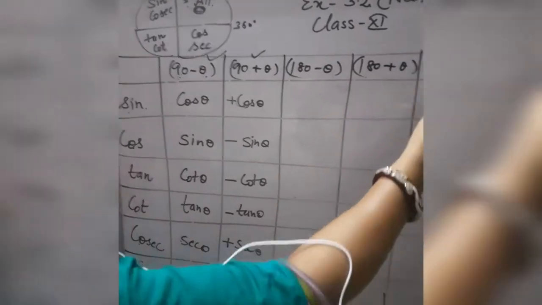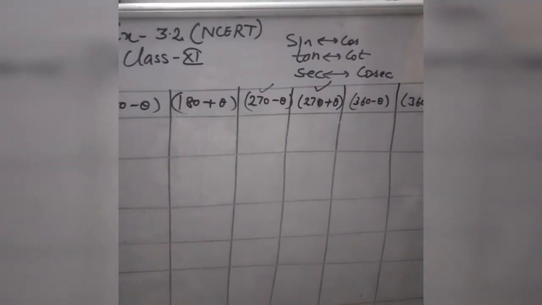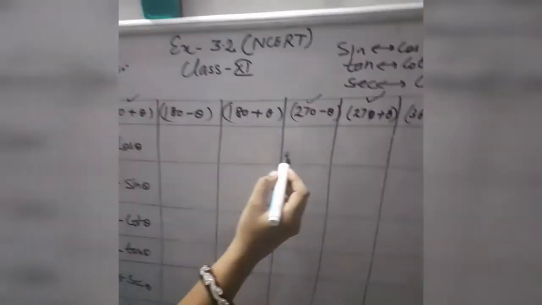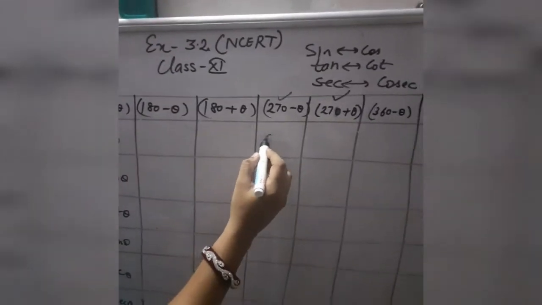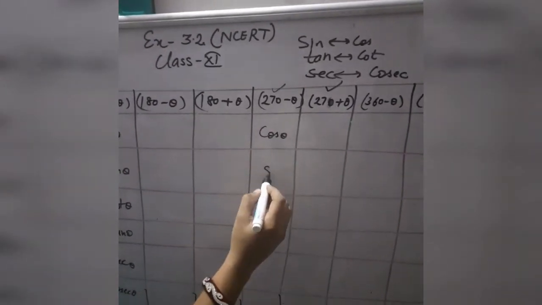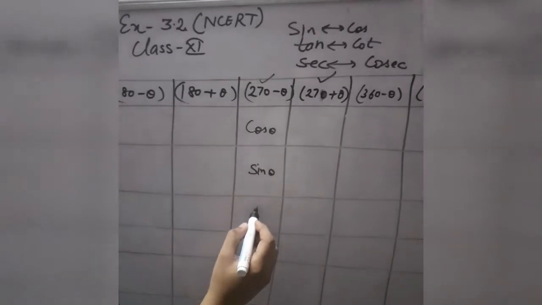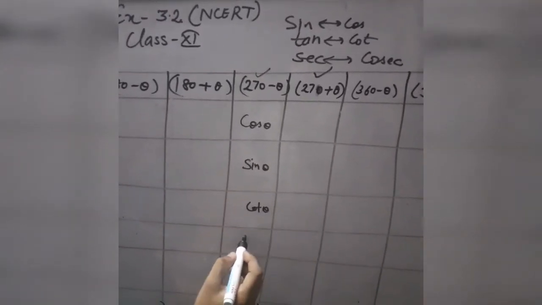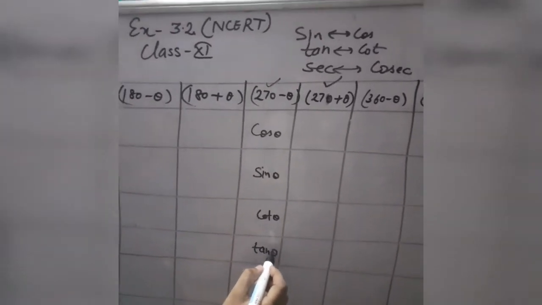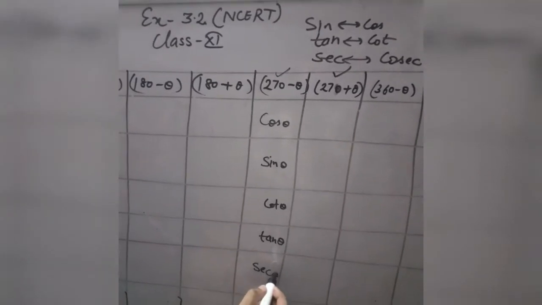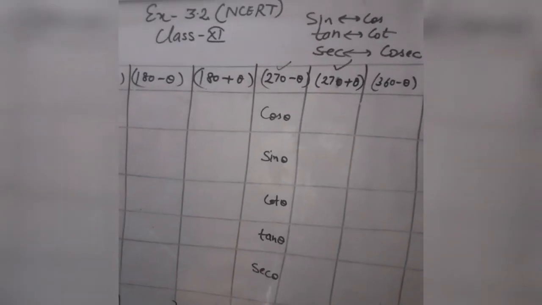Now come to this column, 270 minus theta and 270 plus theta. Here also in case of 270 minus theta, sine is changed into cos, cos is changed into sine. Similarly tangent is changed into cot, cot into tangent, cosecant into secant, and secant into cosecant.